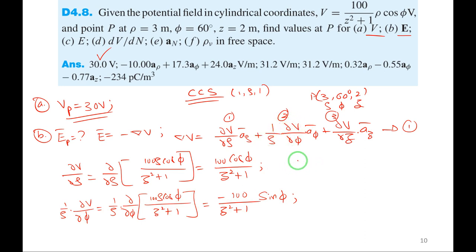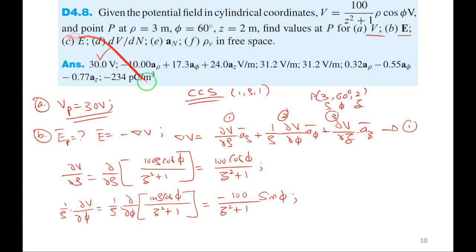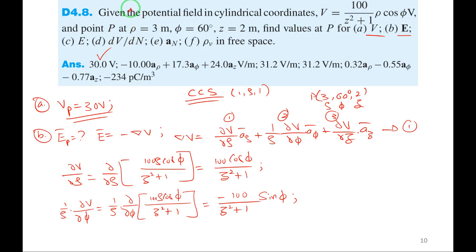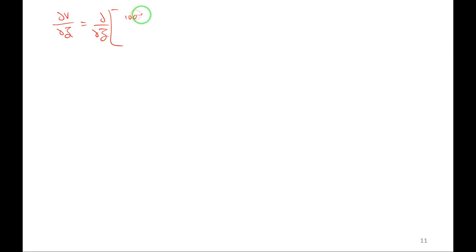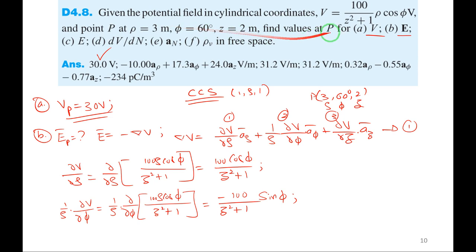Then come to the third term, with respect to z. I'll be going to the next slide. So dou V by dou z. Dou by dou z of V, which is 100 rho cos phi divided by z square plus 1.